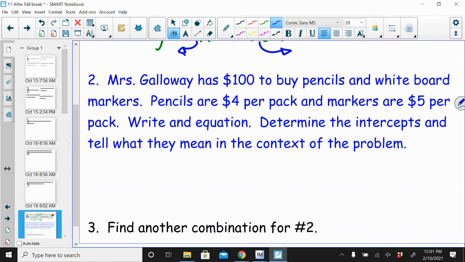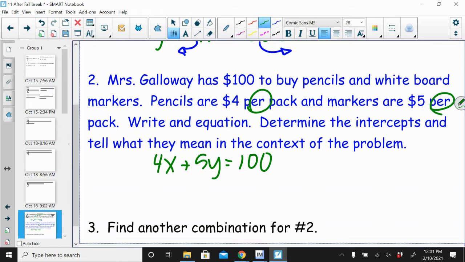As I'm looking through this, I see 2 prices. That means I have 2 rates. So you have to do the one where it is 4x plus 5y equals 100. You don't have to get this to y equals mx plus b.